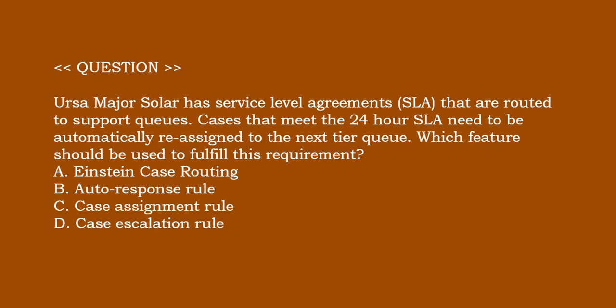Option A, Einstein case routing. Option B, auto response rule. Option C, case assignment rule. Option D, case escalation rule. The correct answer is option D.